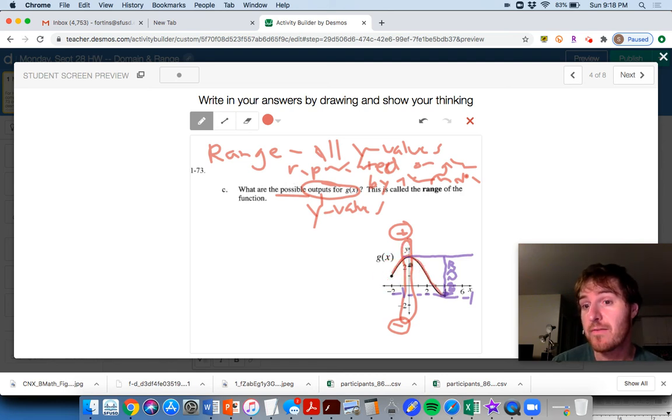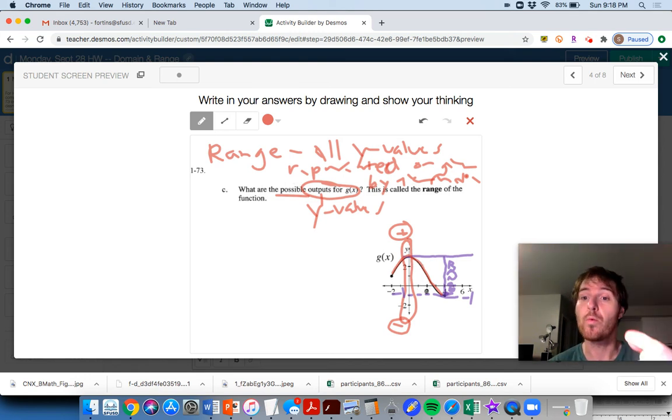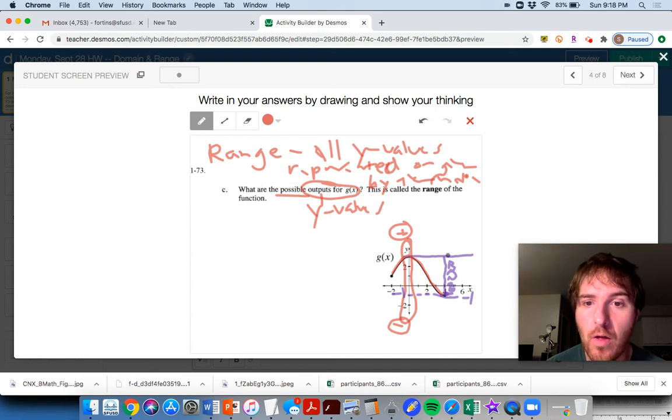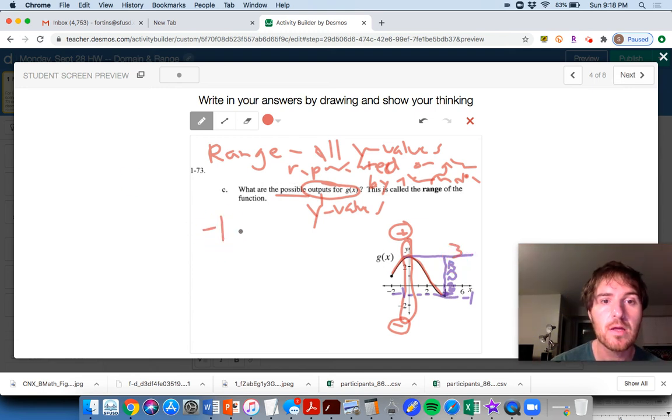But here, look, our y values are repeating, but for two different x values. That's fine, as long as one x gives one y. One x gives one y, this passes the vertical line test, so it's still a function. So here our range is from -1 all the way up to 3. So -1 to 3 is the range.